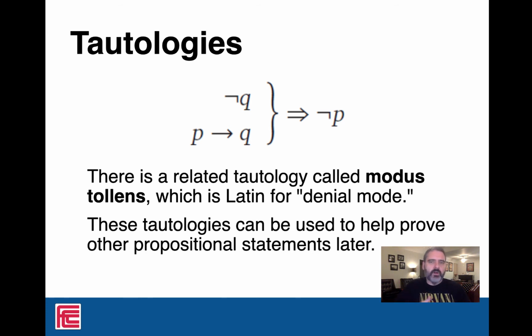If P is true, Q might be. But going backwards, the implication is P implies Q. If Q is not there, then P can't be there either. And that's called modus tollens, which is Latin for denial mode. Again, going back to Greek philosophy, a very old idea of a tautology.